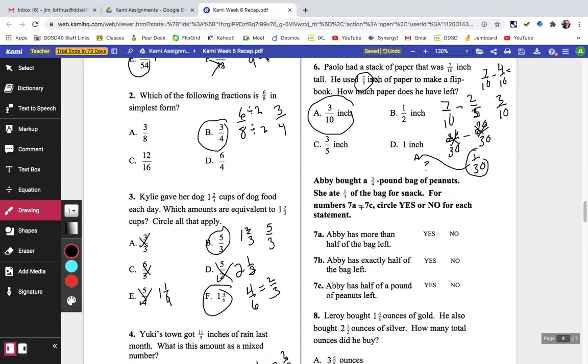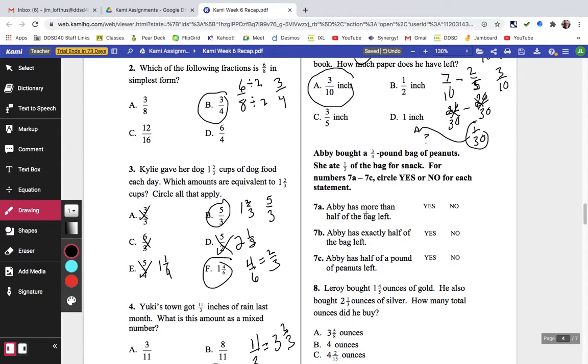Amy bought, and I'll look a little closer here, 3/4 of a pound of a bag of peanuts, so 3/4 of a pound, and she ate 1/3. So we're going to answer each of these questions, but before I even answer them, I'm going to find out how much she has left.